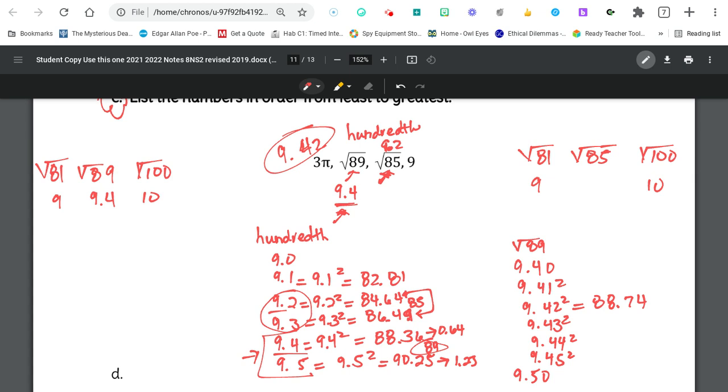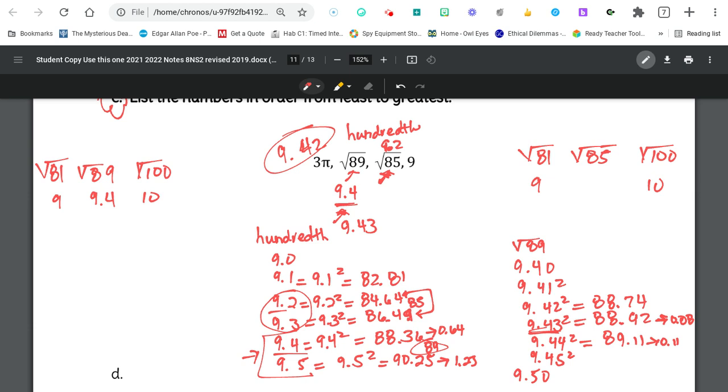Yeah, that's going to be close. 9.43 squared is 88.92. Let's see if I can get closer. 9.44 squared, already I know it's greater. It's 89.11. This is like 8 cents away, and this is like 11 cents away from 89. So definitely, instead of using 9.4, let's go with 9.43, which tells me the square root of 89 is greater than 3 pi.